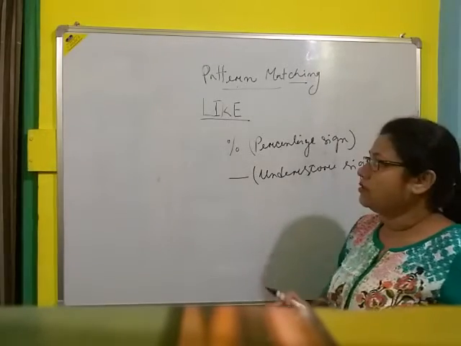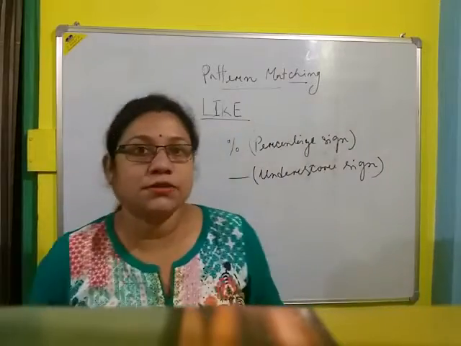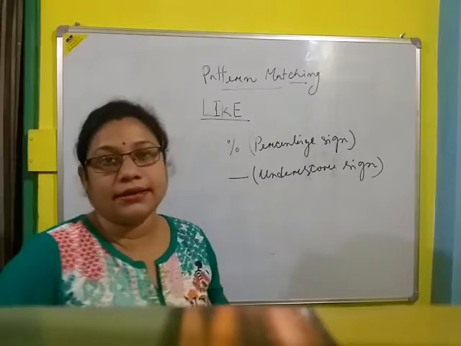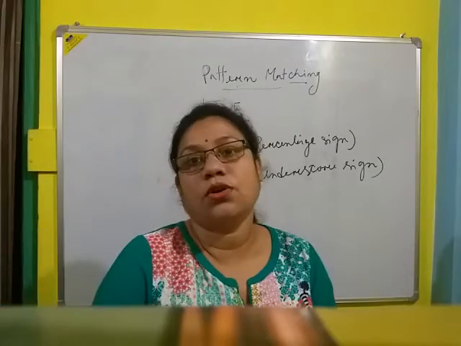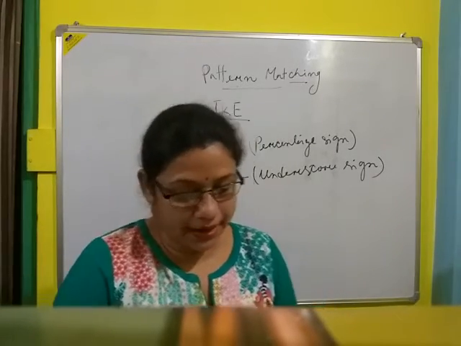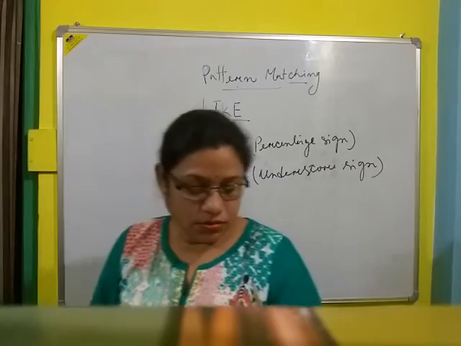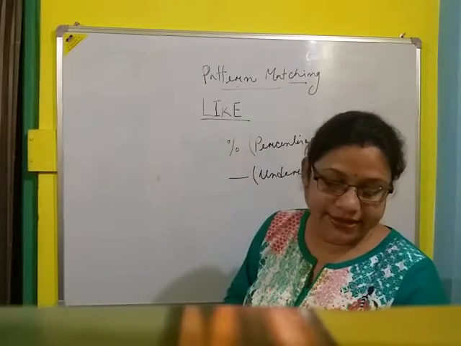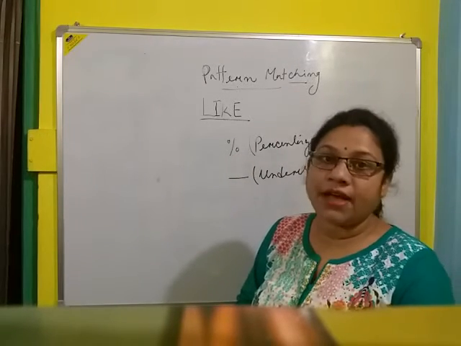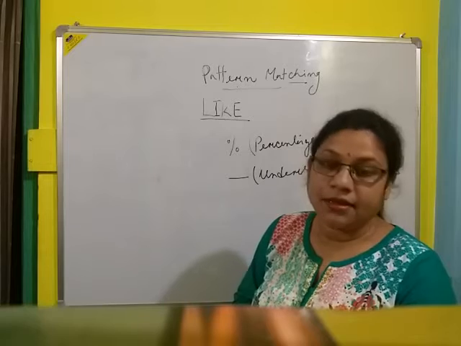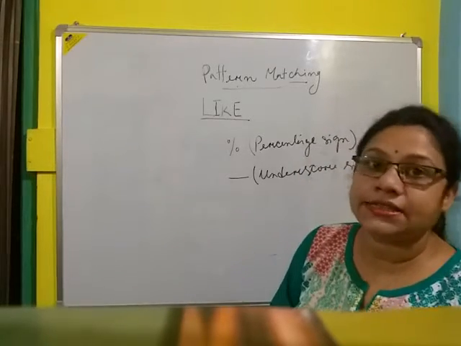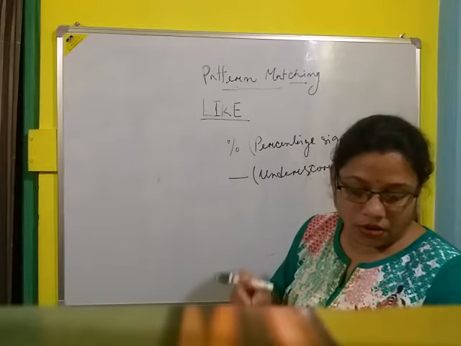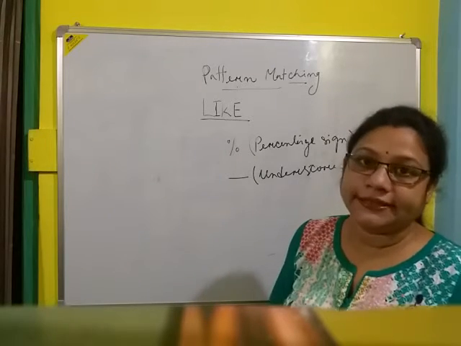Now let us discuss the difference between the percentage wildcard character and the underscore wildcard character. The percentage wildcard character allows finding a match for any string of any length, including zero length.